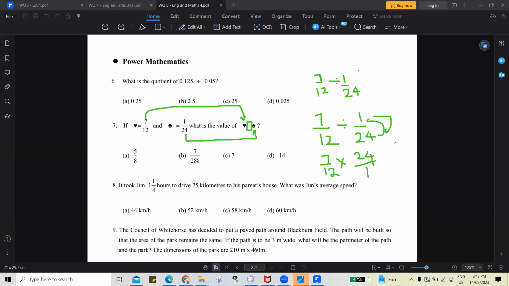Otherwise, you have to multiply big numbers. 12 times 12 divided by 1, 24 divided by 12 is 2. 14, yes.